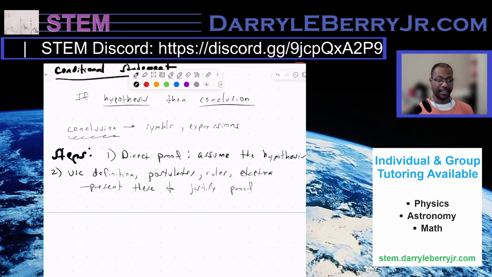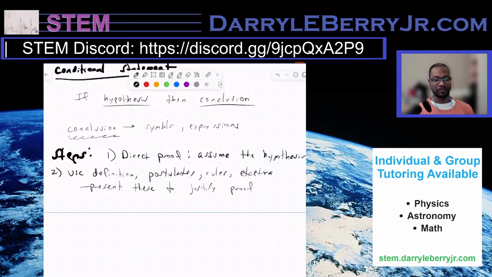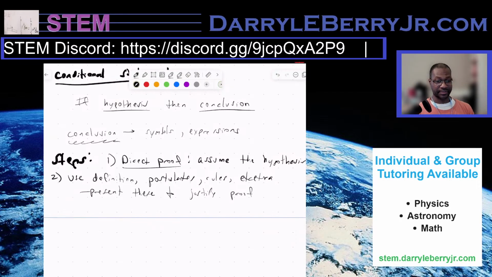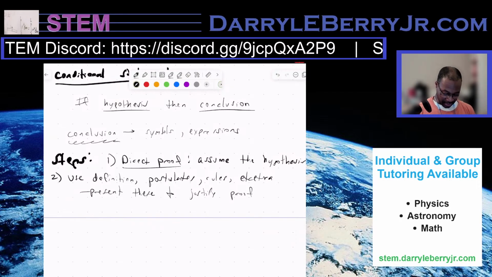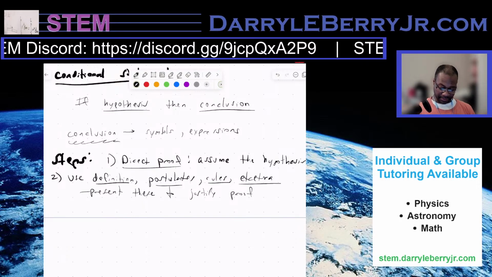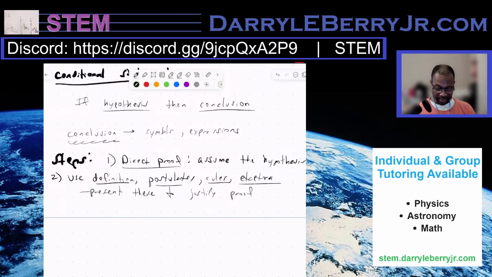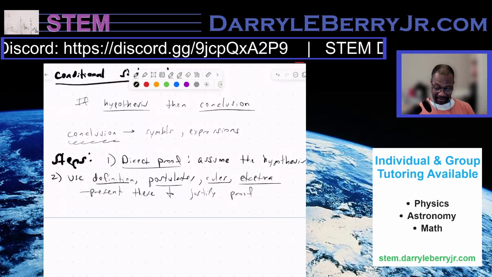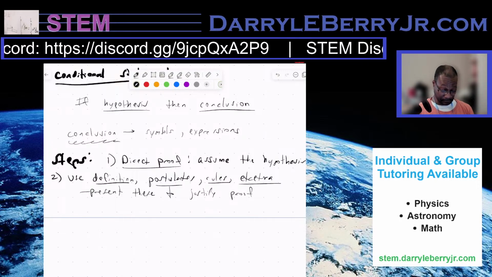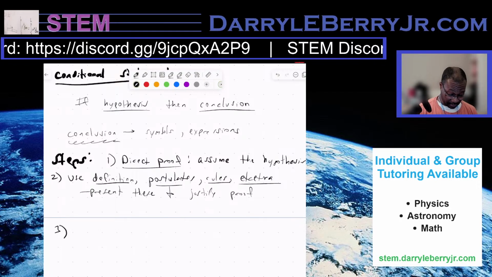Right? So we started with a hypothesis that we want to go to a conclusion that's given in the problem. Then for direct proof, assume the hypothesis is true, introduce any definitions, postulates, rules, etc. that deal with the proof or deal with the concepts we're trying to prove. And now that we have the hypothesis, we have the postulates we're going to use to try to prove it, then we consider the symbols.